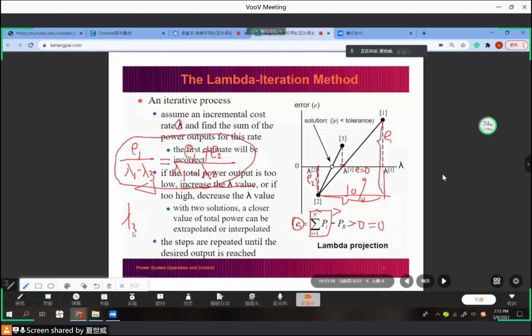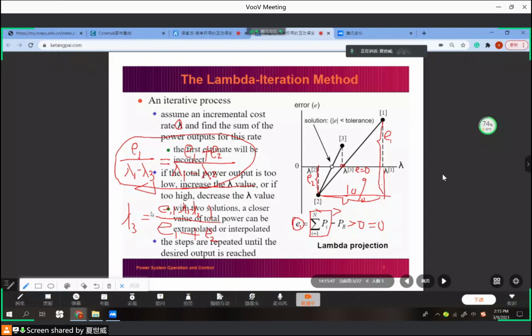So lambda 3 equals E1 times lambda 1 minus lambda 2 over E1 plus E2.